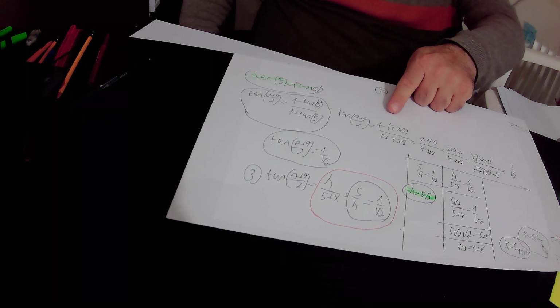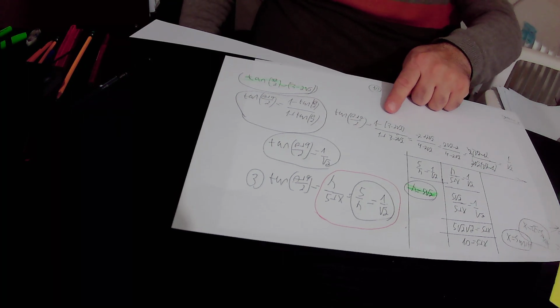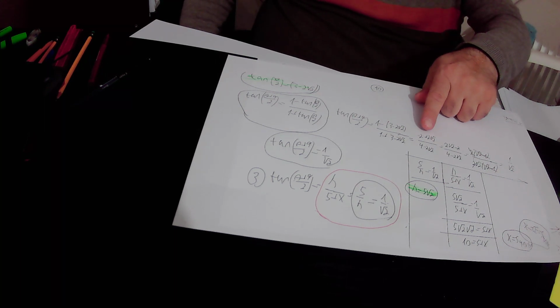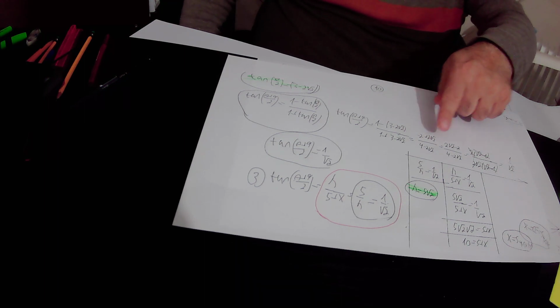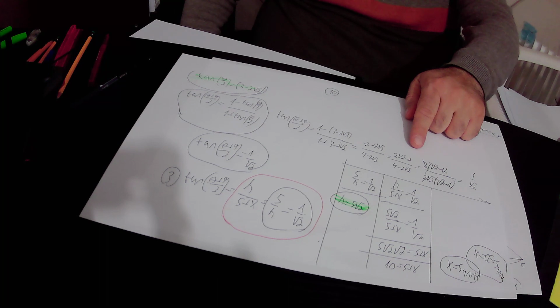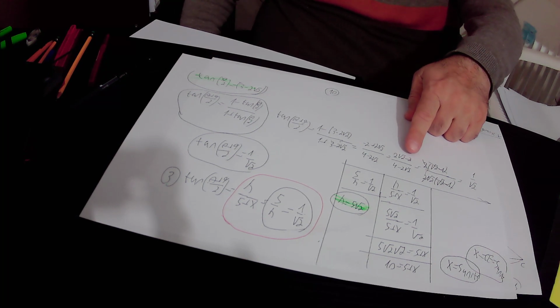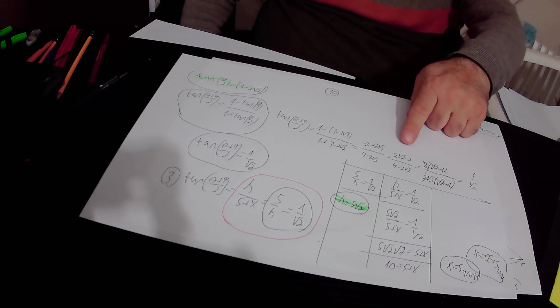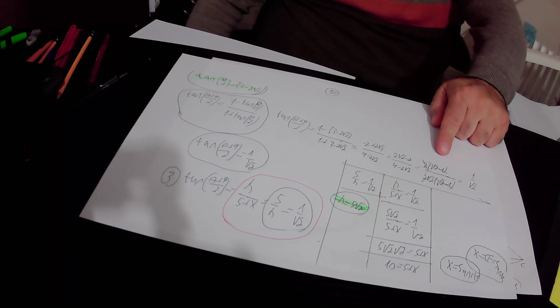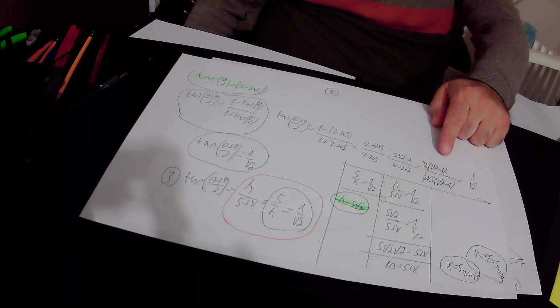Here 1 minus 3 is minus 2, minus and minus is plus, so it is minus 2 plus 2 times square root of 2, and here we have 1 plus 3 is 4, minus 2 times square root of 2. So we have 2 times square root of 2 minus 2 over 4 minus 2 times square root of 2. We took 2 as a common factor from the numerator, and inside the brackets we have square root of 2 minus 1.